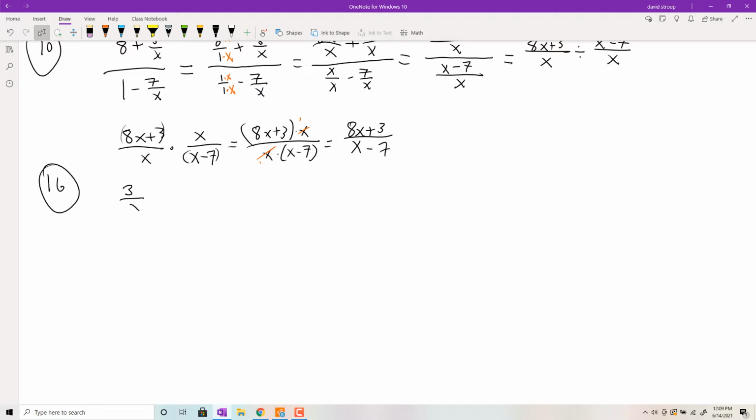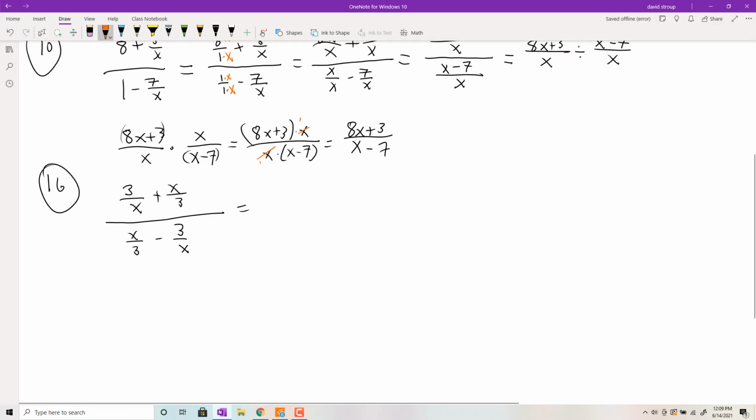So anyways, we have 3 over x plus x over 3 in our numerator, and in the denominator, x over 3 minus 3 over x. In the numerator, common denominator: the fraction on the left here is missing a factor of 3, and the fraction on the right is missing a factor of x.